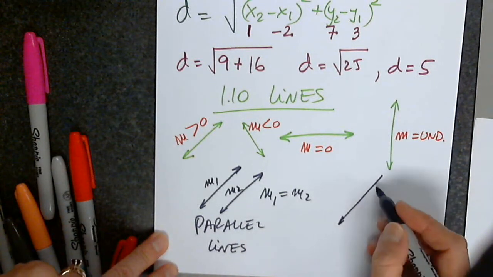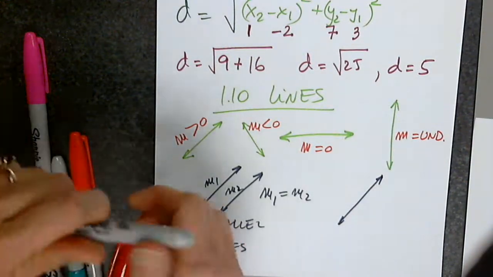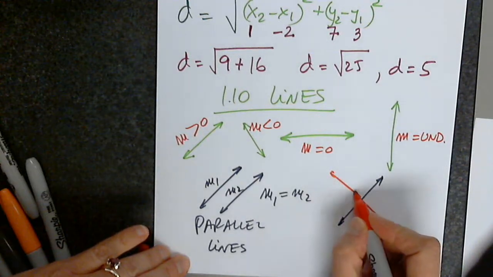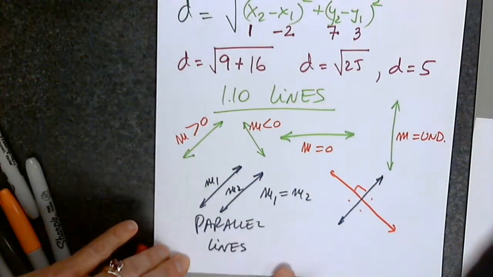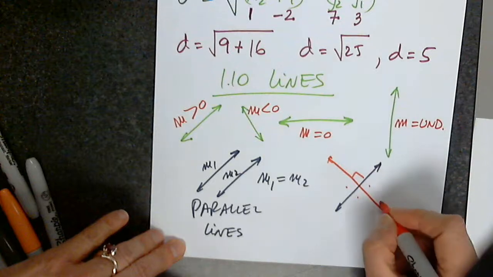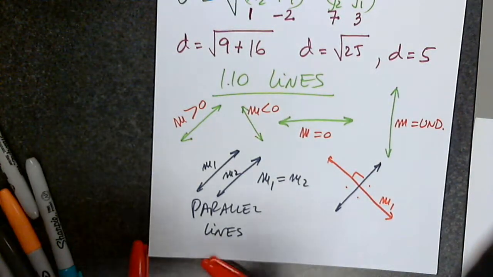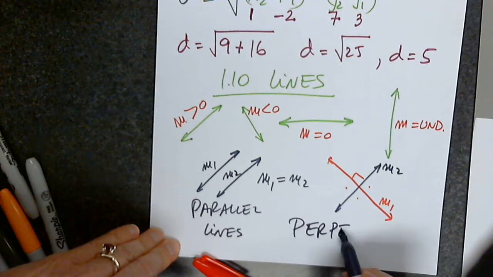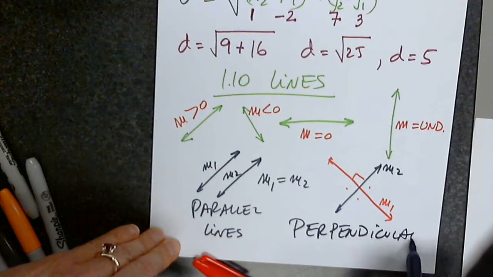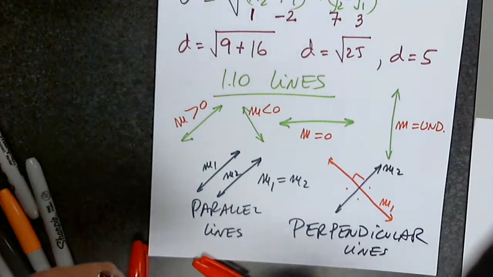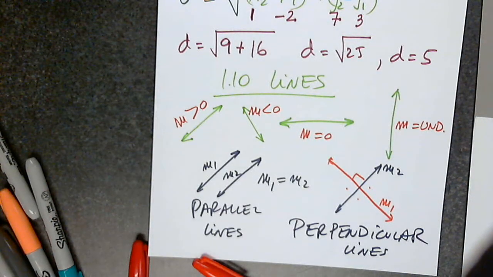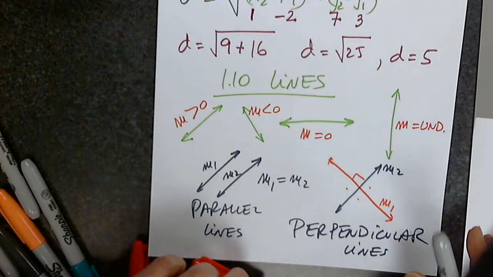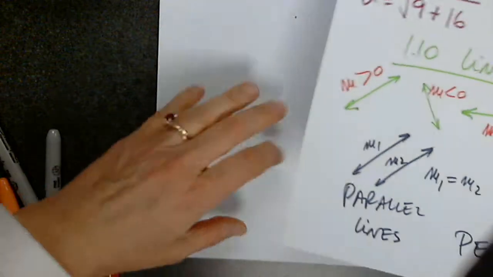Okay, now let's say I have 2 lines that are perpendicular. They form, if you want, 4 90-degree angles. So this is M1, and this is my M2. Perpendicular. What do we know about the relationship of the slopes?